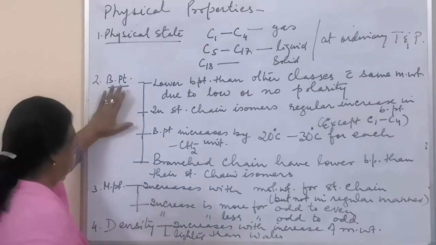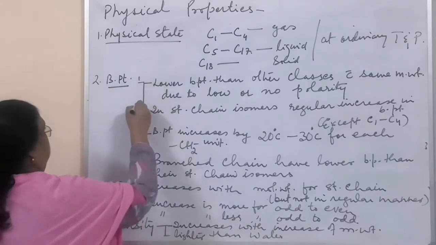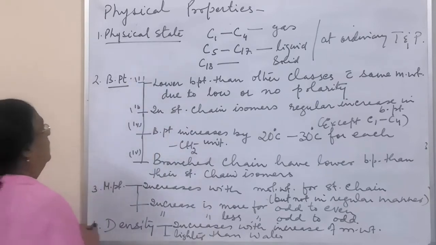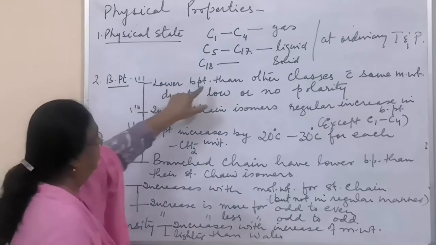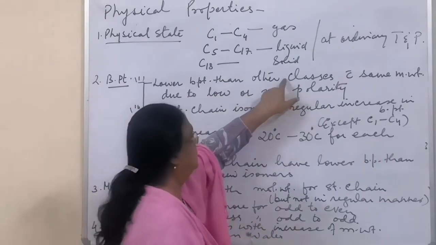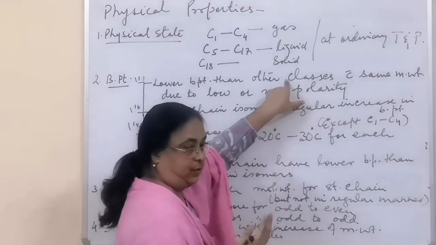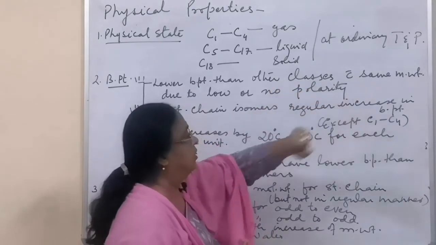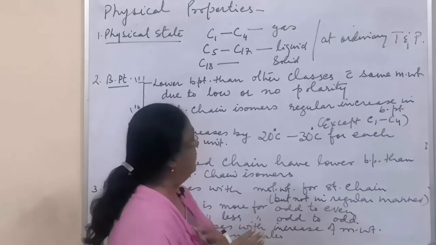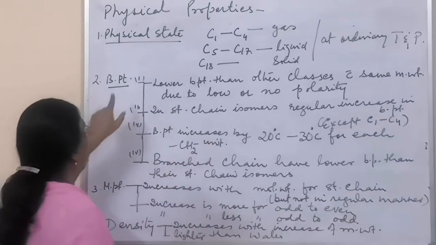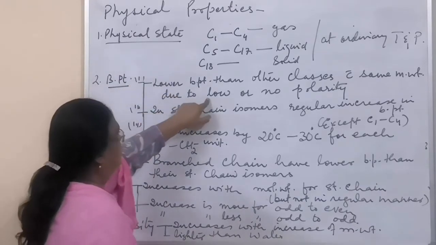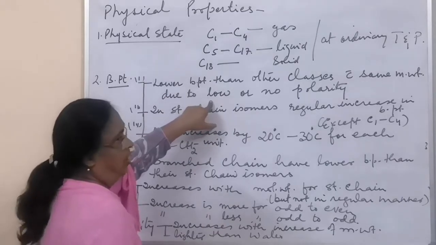Now, boiling point, these are the important points. 1, 2, 3 and 4. They have lower boiling point than other classes. Other classes means alkyl halide or alcohol, with same molecular weight. If an alkane and an alcohol have the same molecular weight, then the alkane will have lower boiling point, and that is due to low polarity or no polarity.